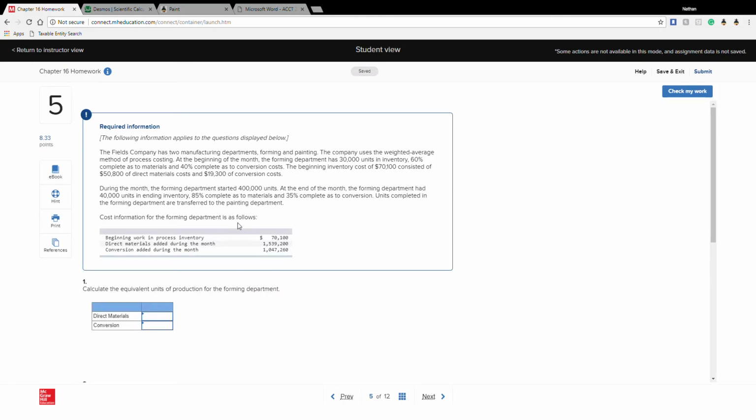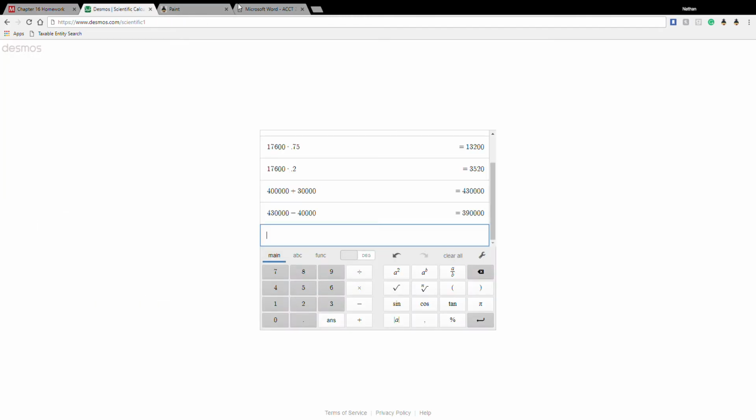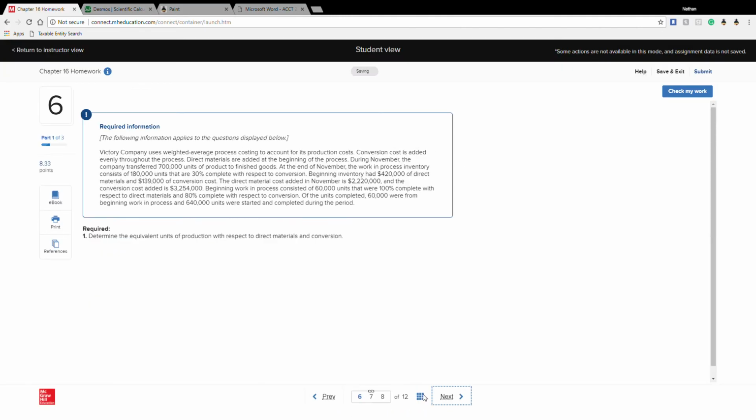So now let's look at how much was completed per materials and per conversion. If I look here at the end, because ending is the one that we care about, completed, we already know it's 100%. Nothing's going to change there. Here we see 85% completed as to materials and 35% as completed to conversion. So, go to question 6.